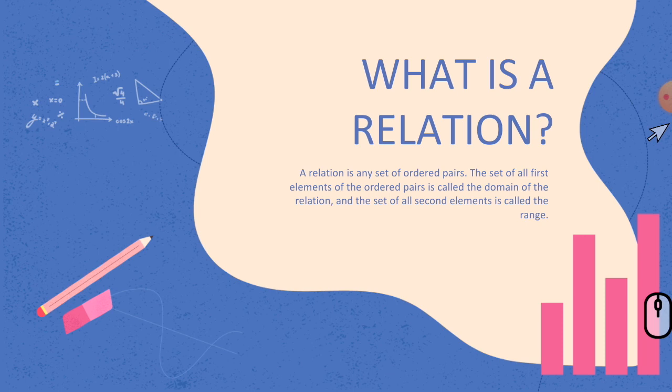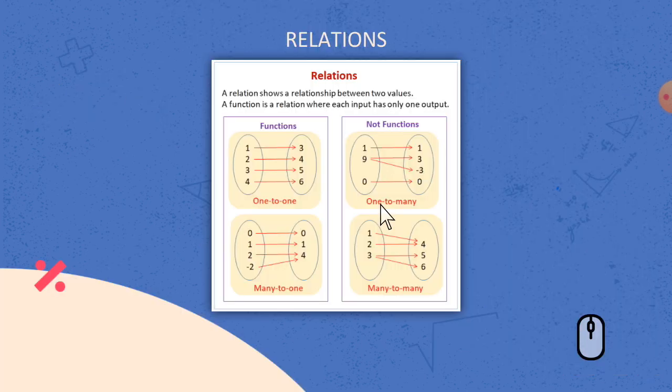So lagi nating tatandaan na pag sinabi nating relation, it is a set of ordered pairs containing the domain, which is the first element in the ordered pairs, and then the range, which is the second element in our set of ordered pairs. And this is the representation of the relation.